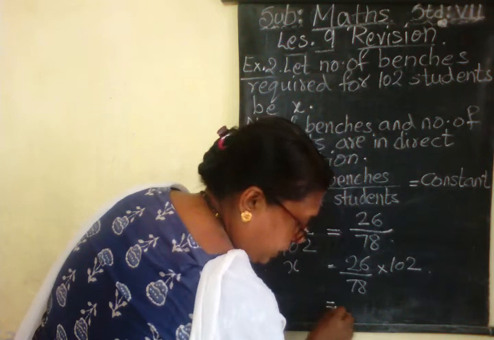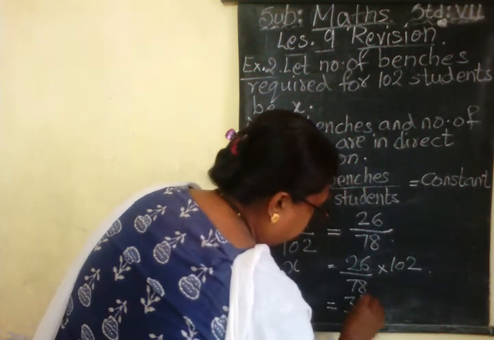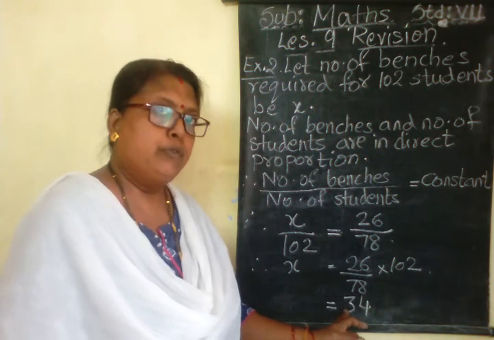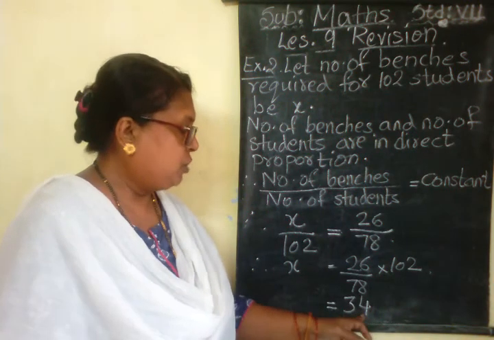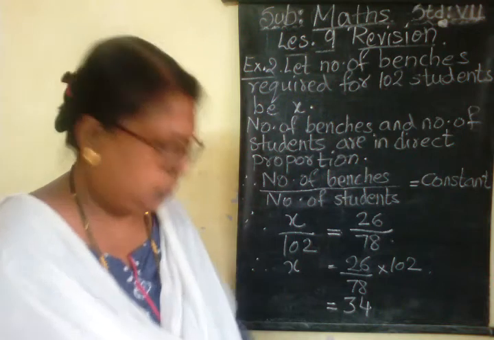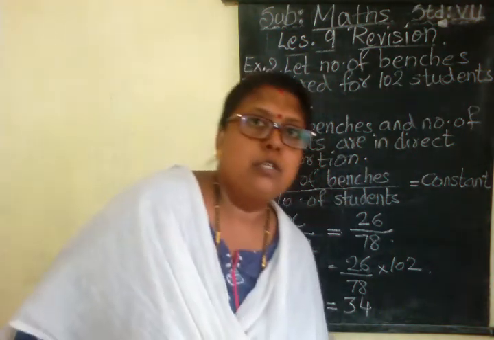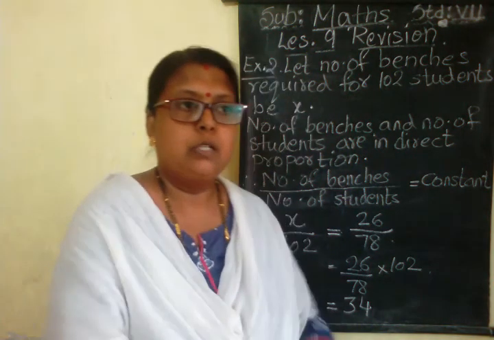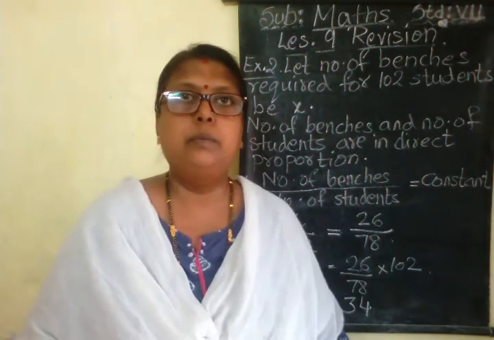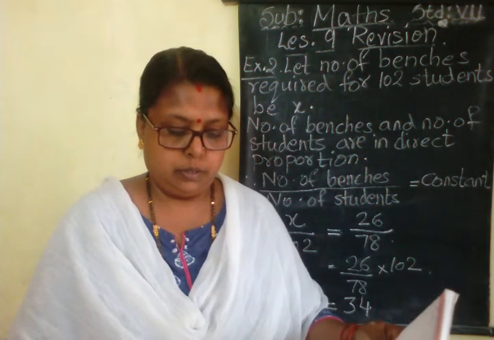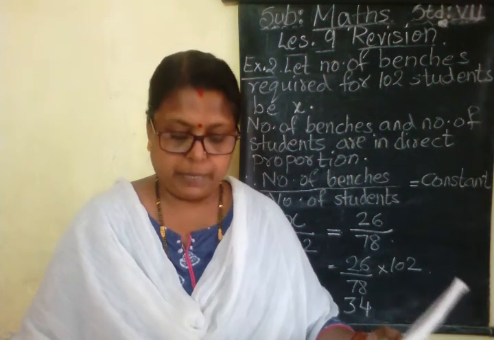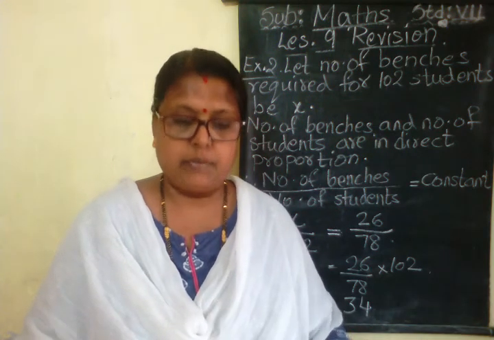When you calculate, children, you get answer as 34. So you require 34 benches for 102 students to accommodate. Okay. So this is the solved example which is shown before practice set 37.